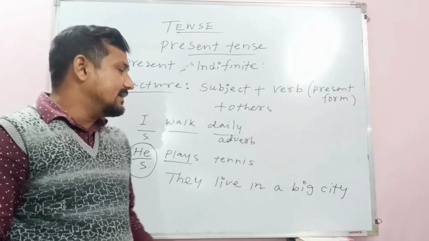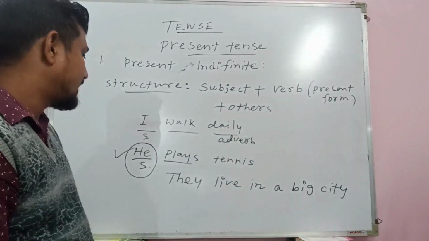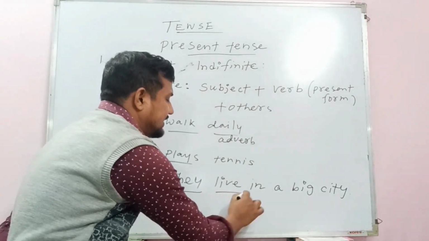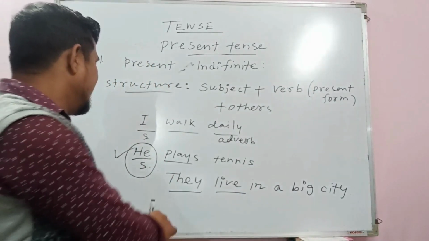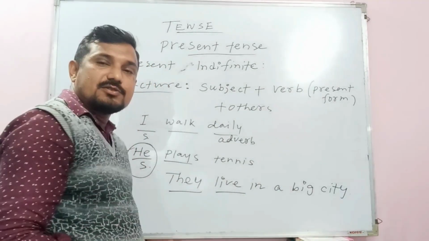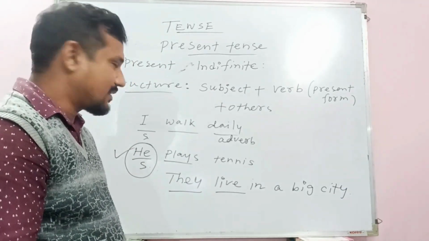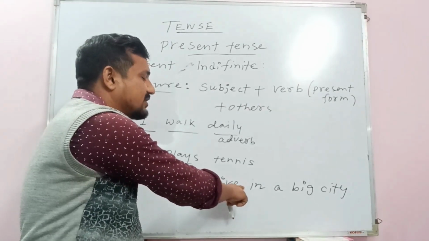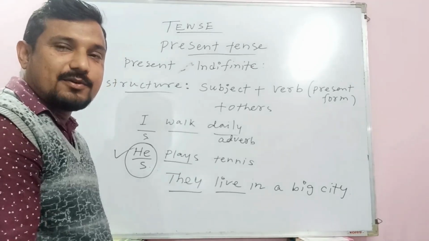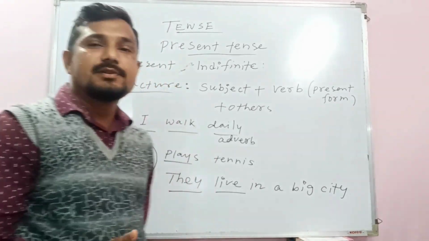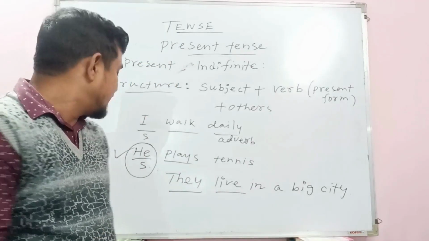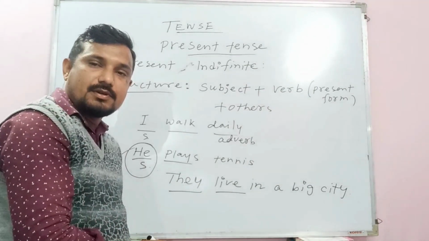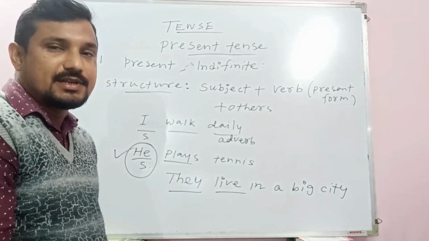They live in a big city. They is the subject here, live is the verb. Here the subject they is also in third person. But why is s not added? Because they is third person but it is not singular.